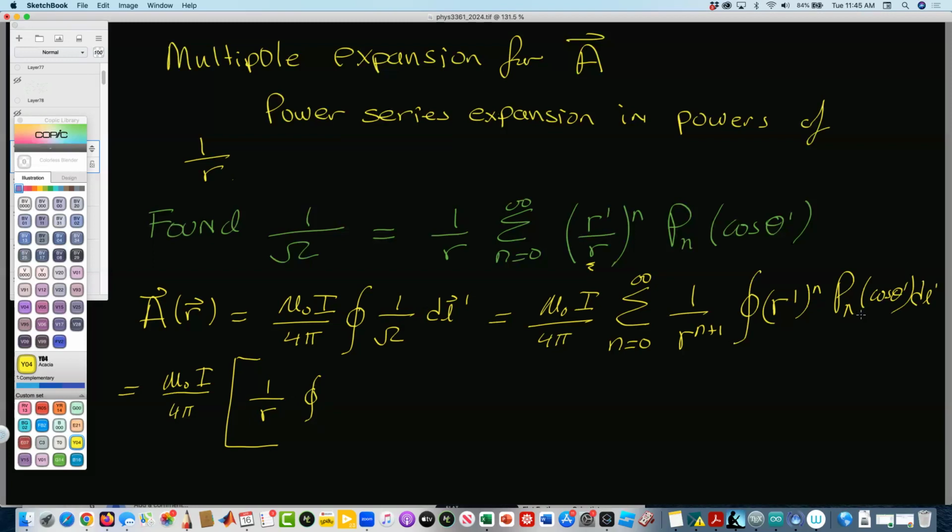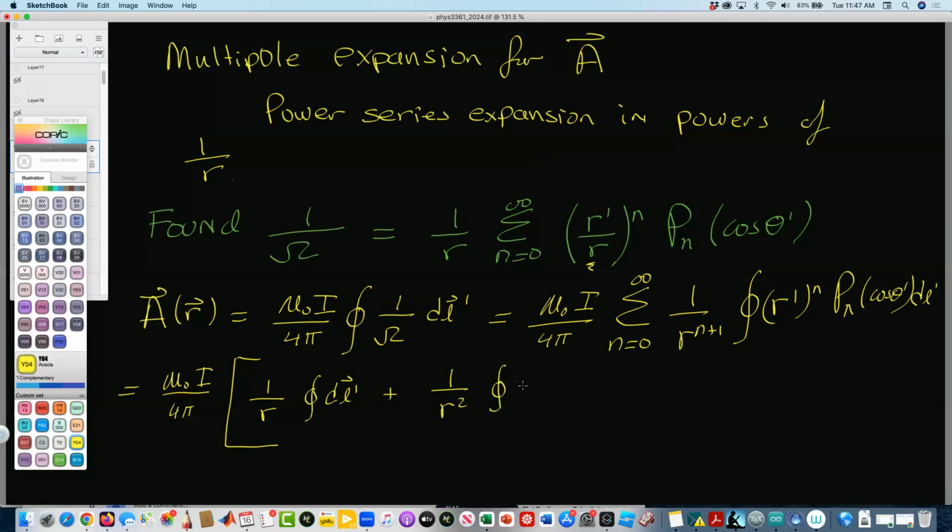So if you're writing your Legendre polynomials Pn of x, P0 of x is just 1. Okay, so this means we'd be integrating this dl prime here. And then the next term is the 1 over r squared term.